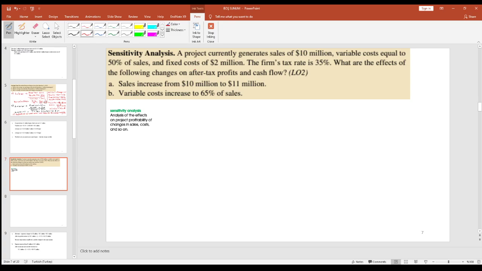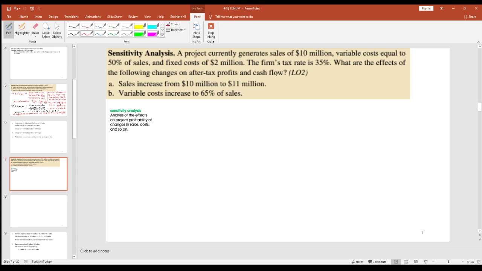So let's look at the problem. A project currently generates sales of 10 million, variable cost equal to 50% of sales, and fixed cost of 2 million. The firm's tax rate is 35%. What are the effects of the following changes on after-tax profit and cash flow? So the first thing you need to remember is that there is no depreciation given.